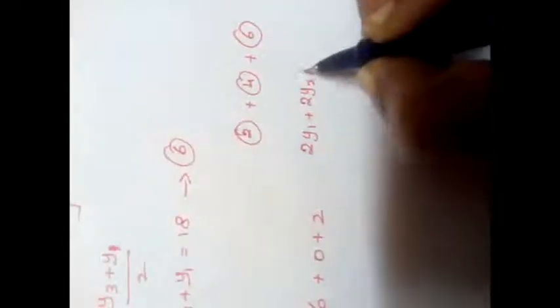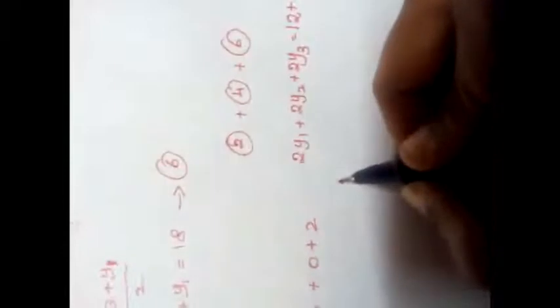Okay, if we add all this, the answer is 2y1 plus 2y2 plus 2y3 is equal to the numbers 12 plus 14 plus 18.